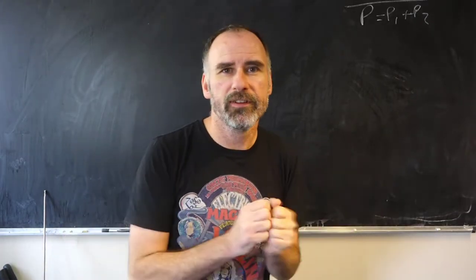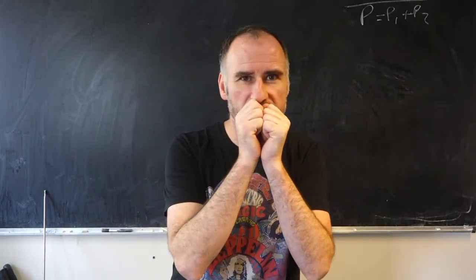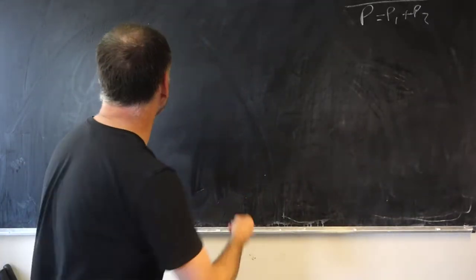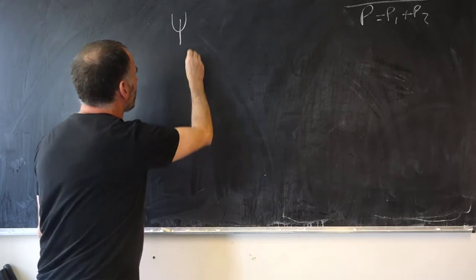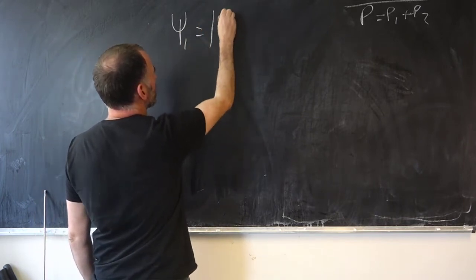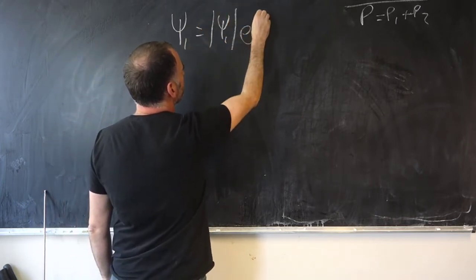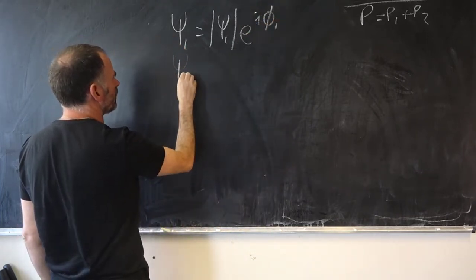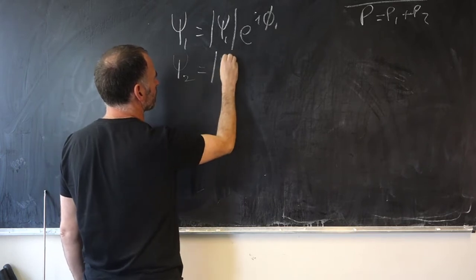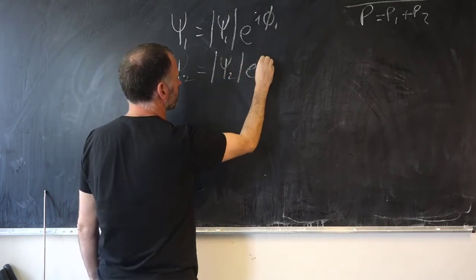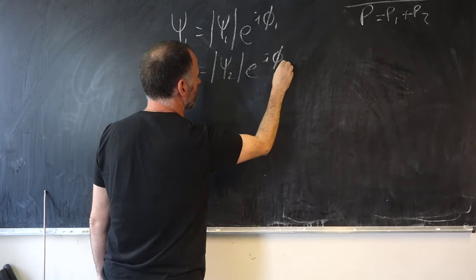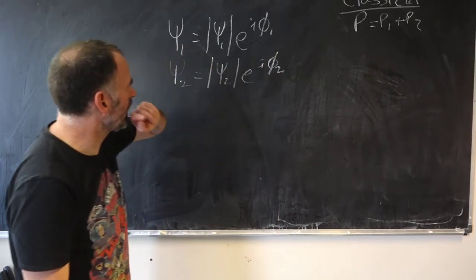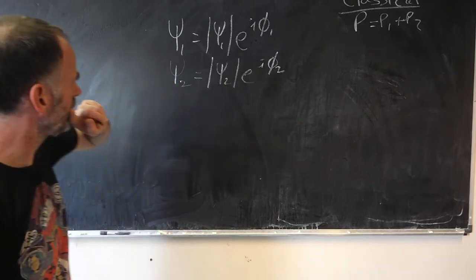So, taking postulate 1 into consideration, let's consider this in terms of complex probability amplitudes. Remember, what we have is a complex number, and we're going to say for slit 1 we've got this, and for slit 2 we've got this, with a certain phase factor, which we're going to call e to the i phi 1 here and e to the i phi 2 here.